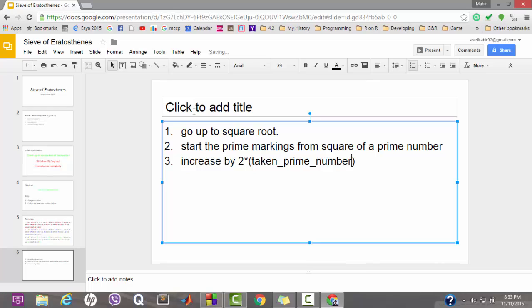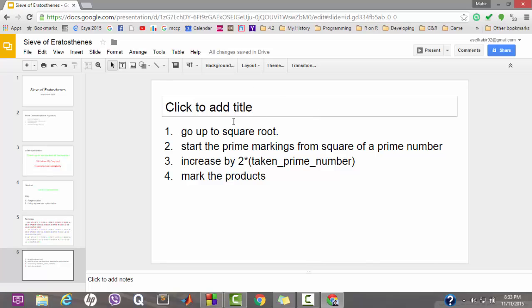So the number we take as prime, which is not marked previously, we will take that as a prime number, and then we will start from the square of that number and increase by 2 into that taken prime number, and we will mark the products. So these are the 4 techniques that we will be using to complete our sieve of Eratosthenes.